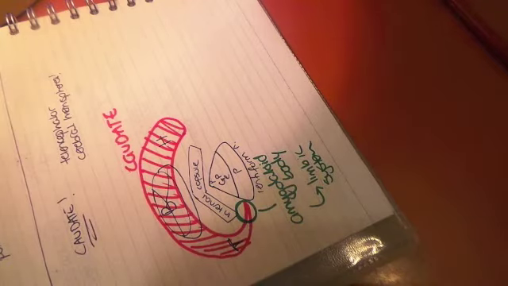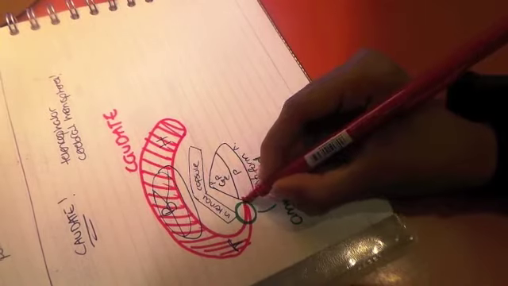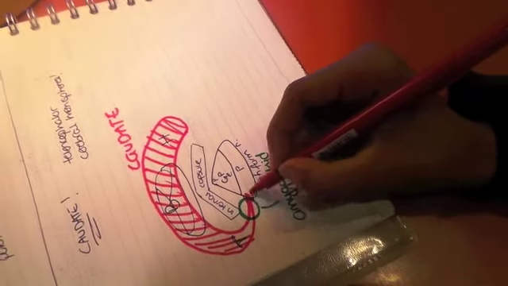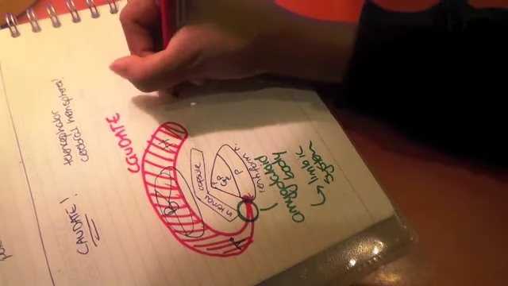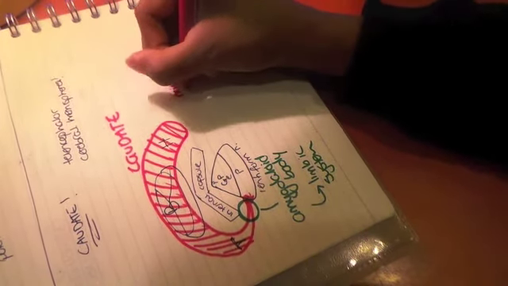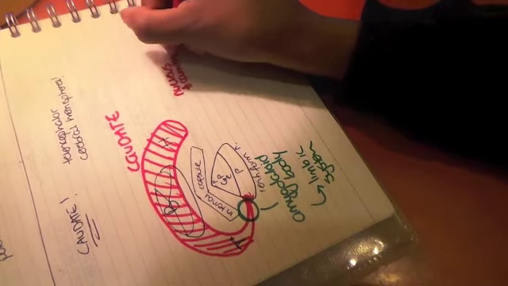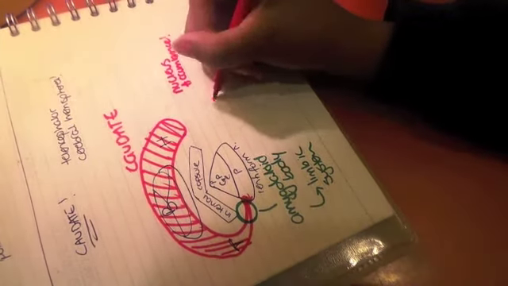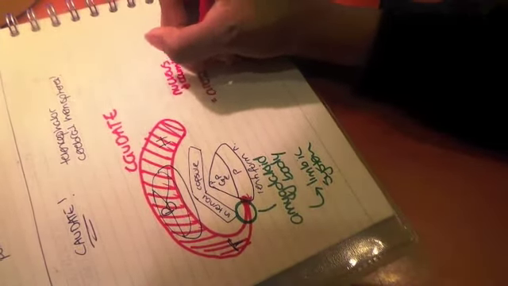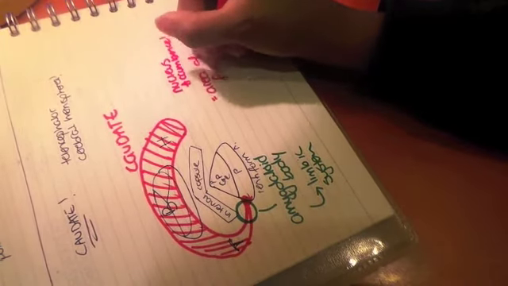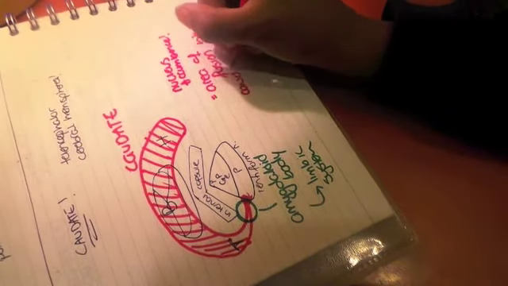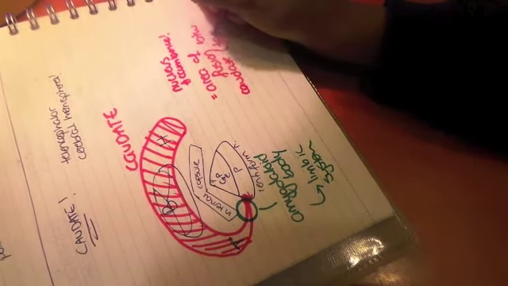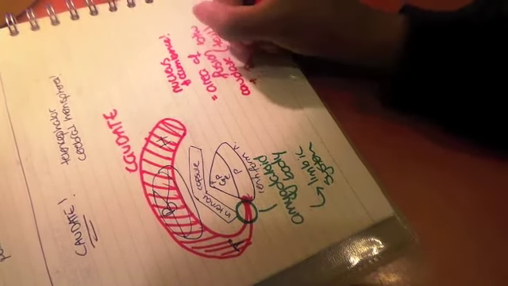Where the tail of the caudate fuses with the putamen, this area is called nucleus accumbens. This is the area of fusion between the caudate tail and the putamen.